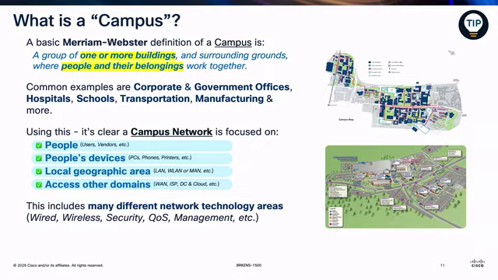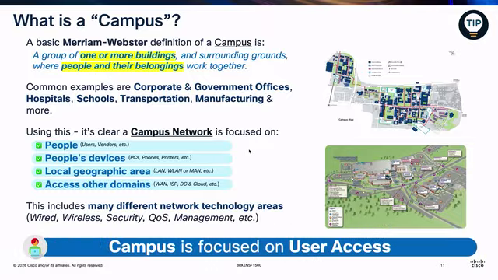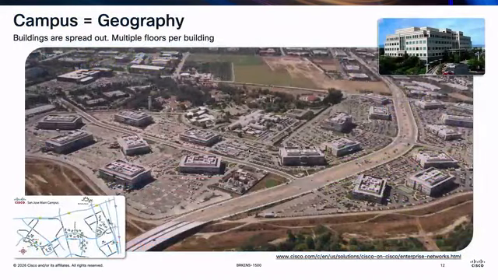And talking about the campus, we need to realize that the campus focuses around providing access to the network to the users or the employees of a certain campus and their network devices. So we already know that our main objective is to make sure that we secure our network from malicious players, but also provide seamless access to the network to those that need the access to be granted.